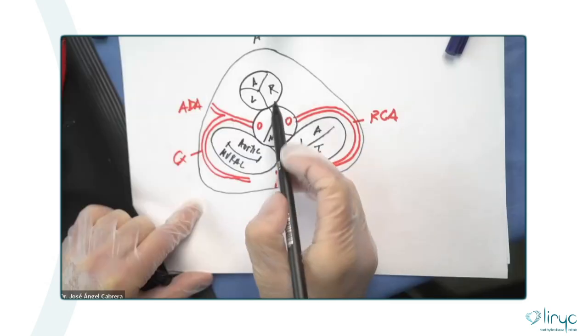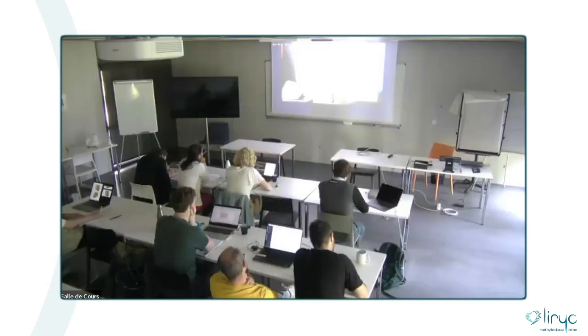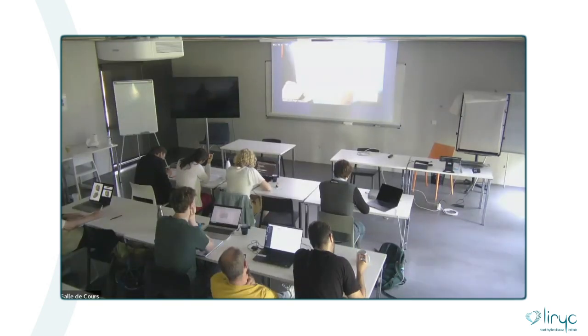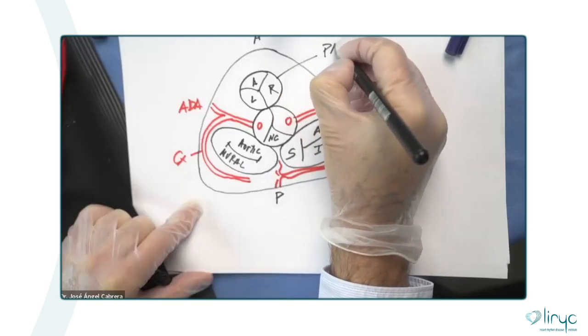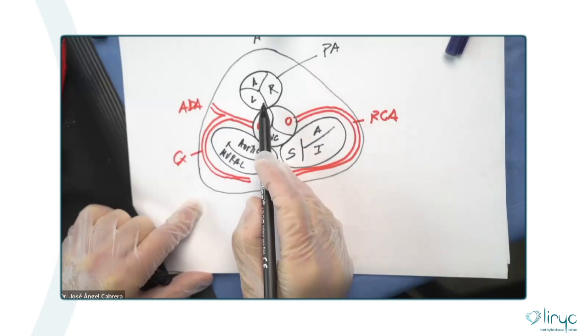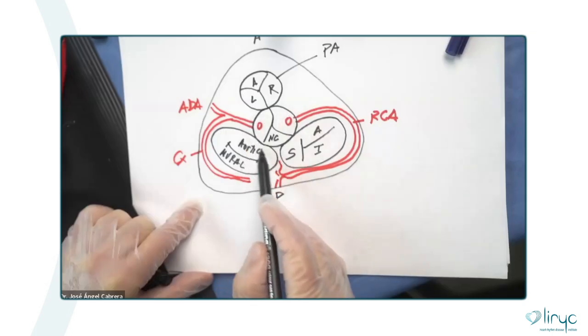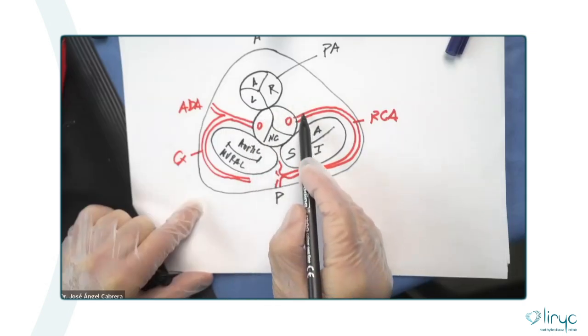We can use right adjacent, left adjacent, or non-adjacent valve from the pulmonary artery. This is the pulmonary artery, and you can see that the pulmonary artery is anterior and left. And in the center, we have the aorta.